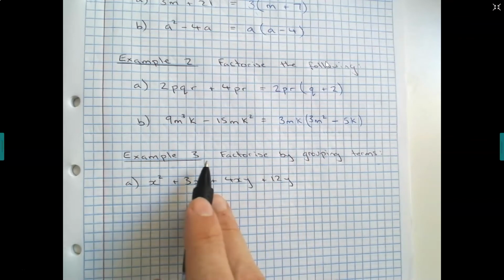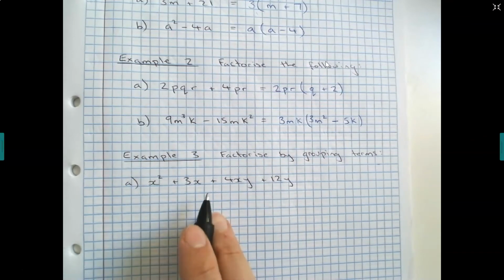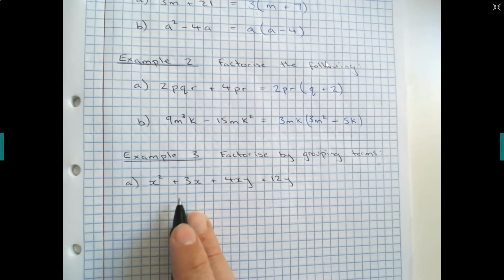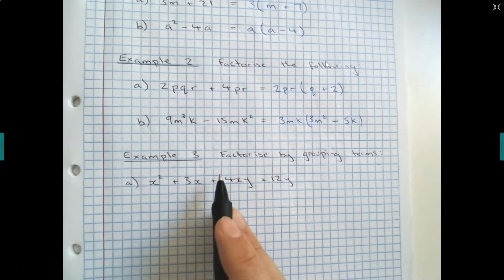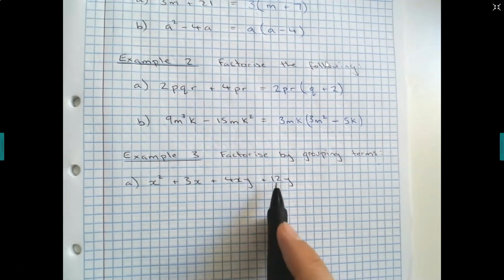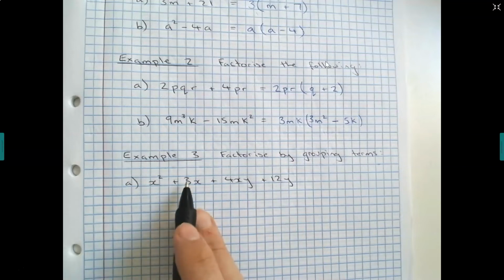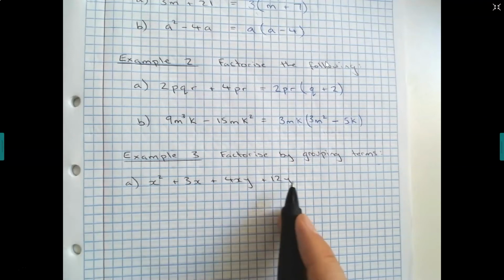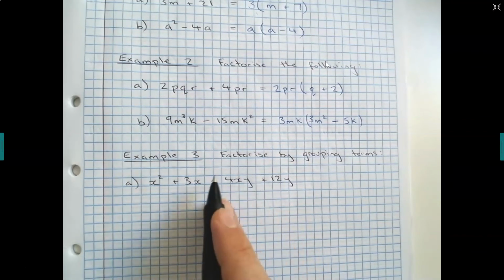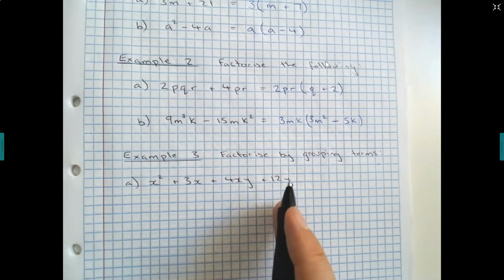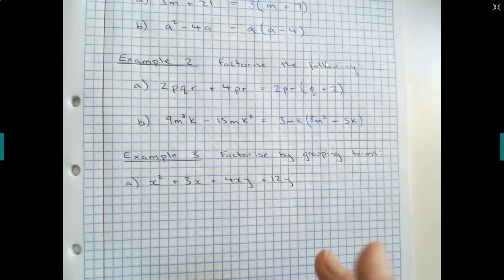So if I look at each of these 4 terms and I'm trying to find a common factor, I might start off by thinking that x might be a common factor to each, but no, because this term does not have an x in it, so that doesn't work. And then there's no constant, which would be a common factor of each of the terms other than 1, but 1 is not going to be useful for us. So we have to use a different type of method to try and factorize this.